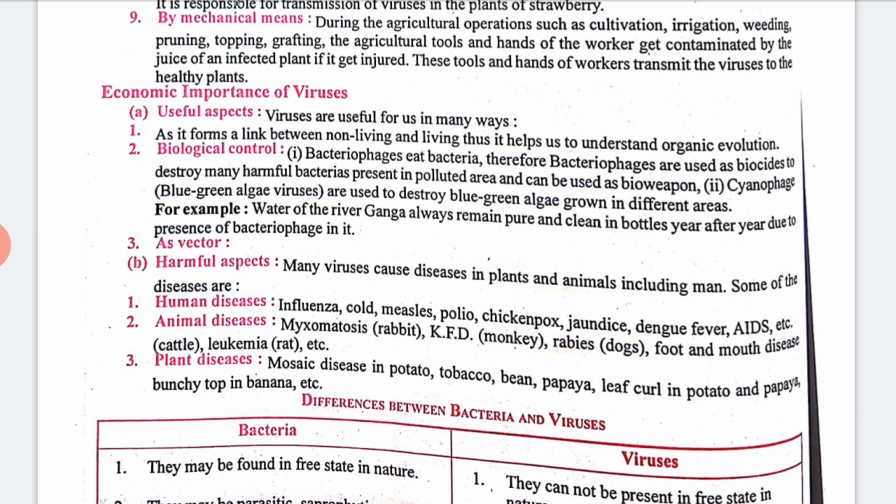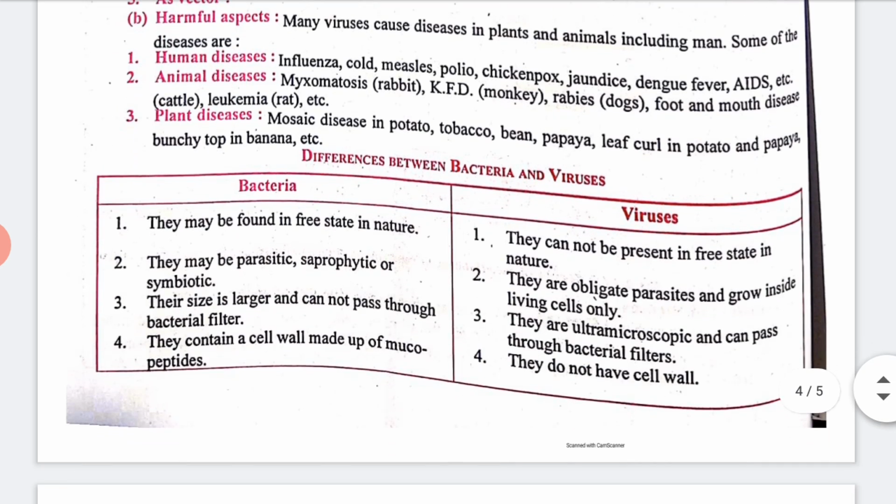For example, the water of the river Ganga always remains pure and clean, year after year, due to the presence of bacteriophage in it. They also have harmful aspects, like human disease, animal disease, and plant disease, that we have already discussed, right? Now let us talk about the difference between bacteria and virus.